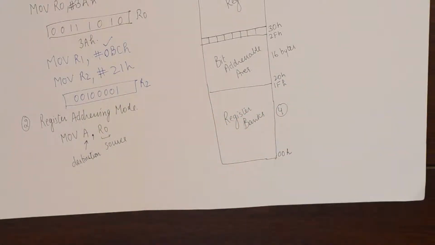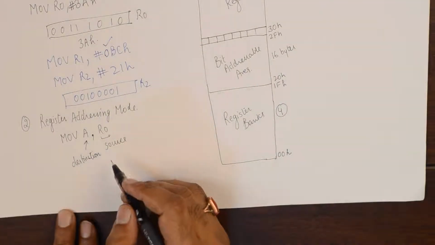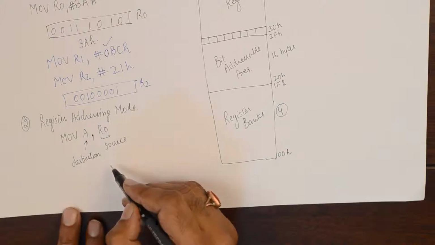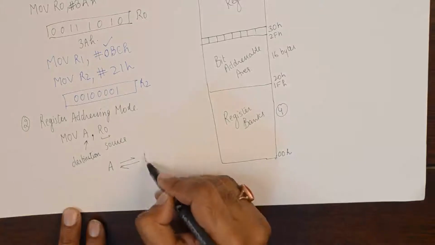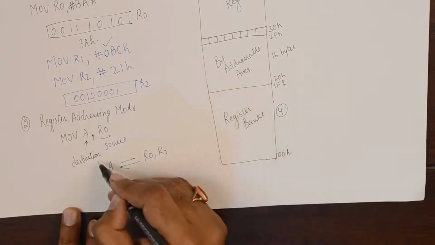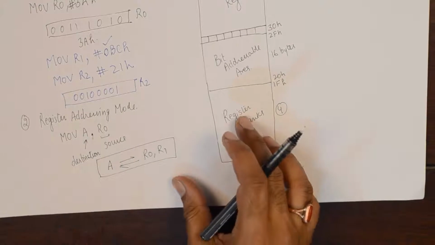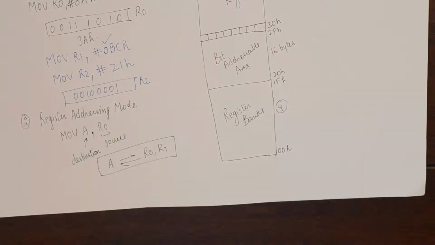Now I'd like to mention the most important point that we all miss in register addressing mode: register to register moves occur between register A and the set of registers R0 to R7. So any movement between the registers will occur between A and R0 to R7. This is the limitation of register addressing mode.